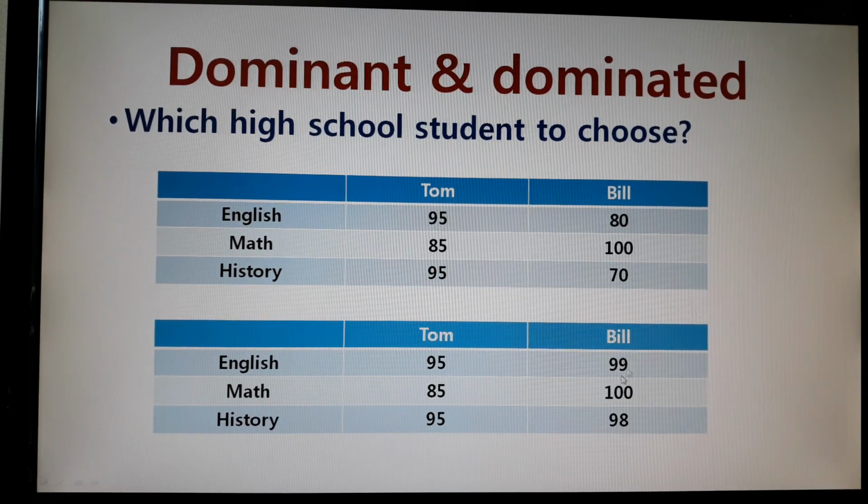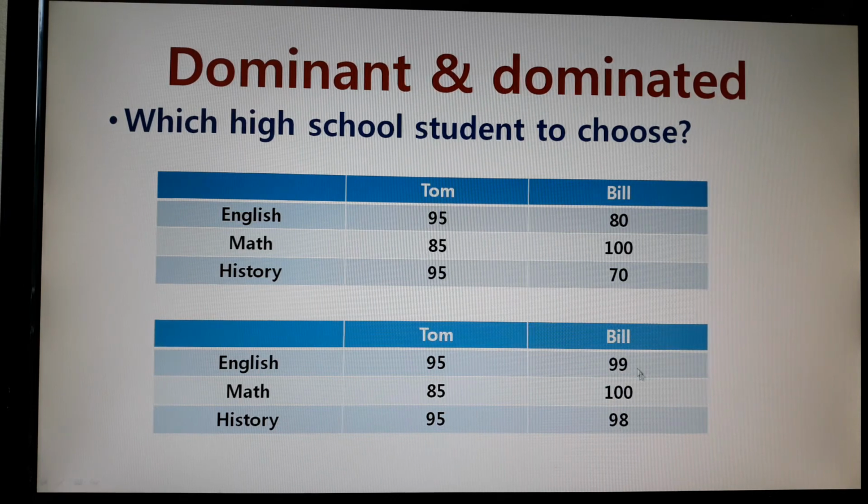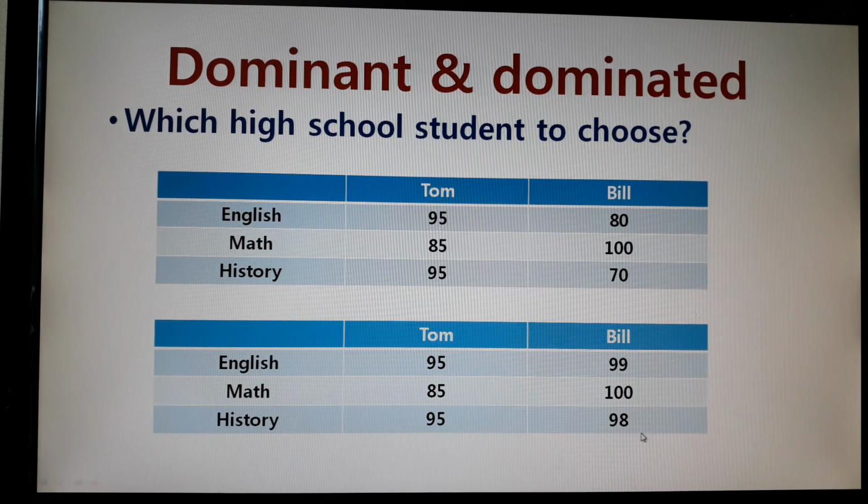If Bill is top in English, top in mathematics, top in history, we call Bill the dominant student in that class among the 20, because in every subject, Bill is better than the other 19 students. That is what dominant means.